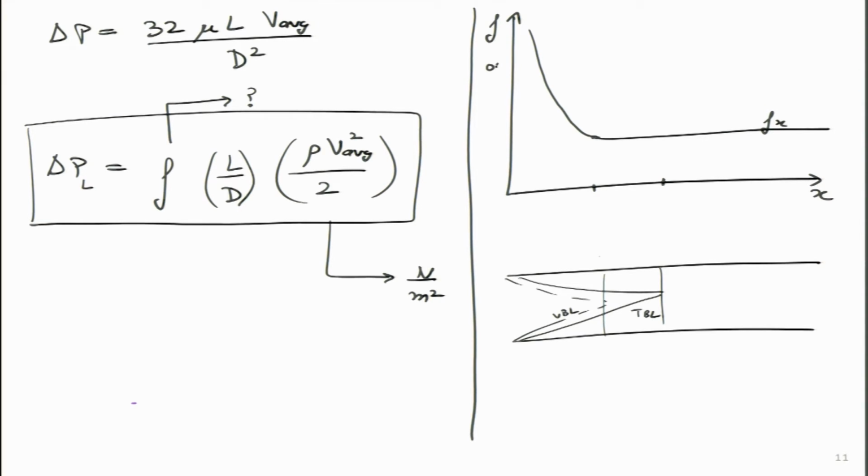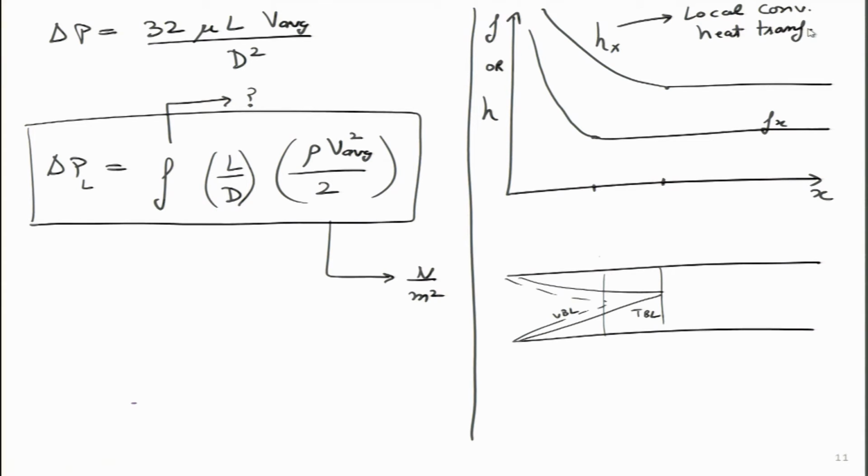We have F or H, and H we could also have over here. H would behave something like this. So, this is Hx, the local convective heat transfer coefficient, and this F is the friction factor.